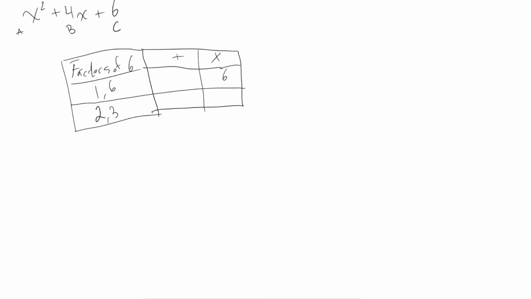We know that these are both going to equal 6 when multiplied together, that's why they're factors. We have 1 plus 6 is equal to 7, and 2 plus 3 is equal to 5. Well, great. We didn't want 7 or 5. We're looking for 4. There are no factors of 6 that make up 4.